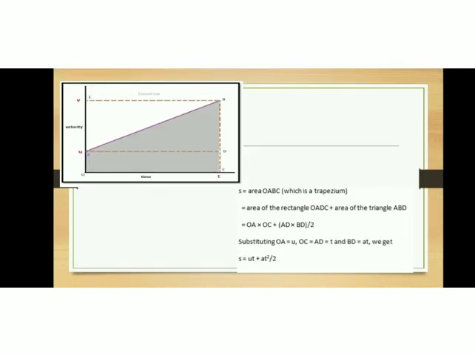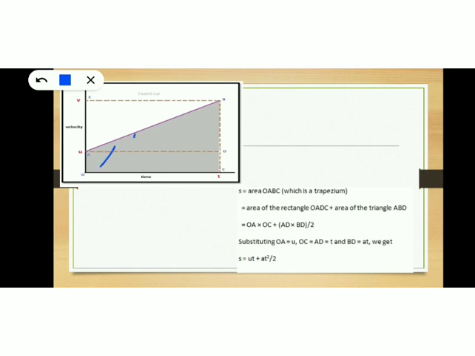The second equation of motion is S is equal to ut plus half at square. We are going to derive that expression. For that we need to consider the same velocity time graph, but this time we are considering the area below the velocity time graph.